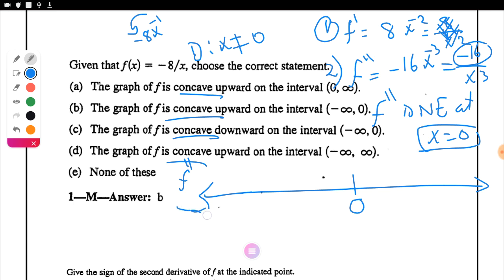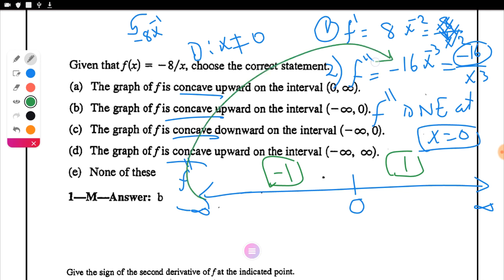Here negative infinity, and here infinity. Test values as we did before. Here I will choose negative 1, and here I'm going to choose 1. Replace in the second derivative. It will be positive.